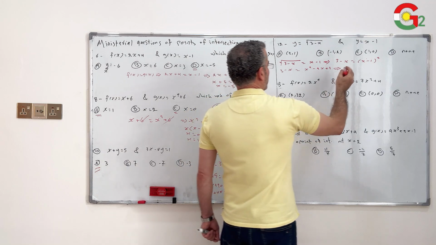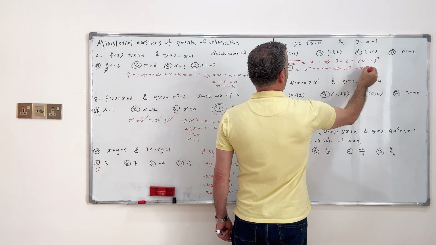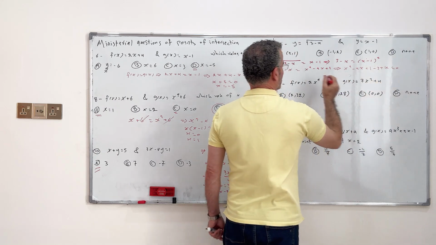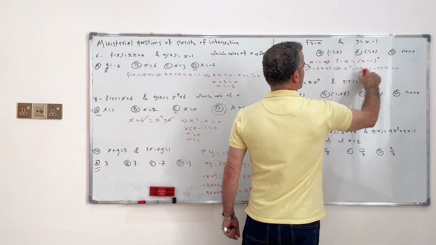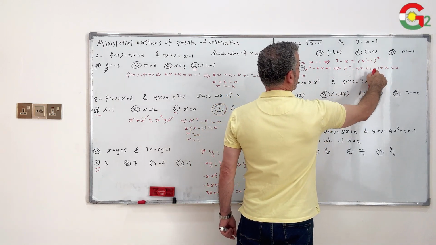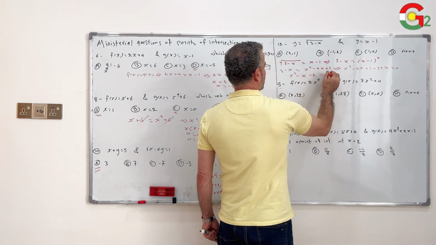Take all terms to one side: x power 2 minus 2x plus 1 minus 3 plus x equal to 0. Simplify: x power 2 minus x minus 2 equal to 0.